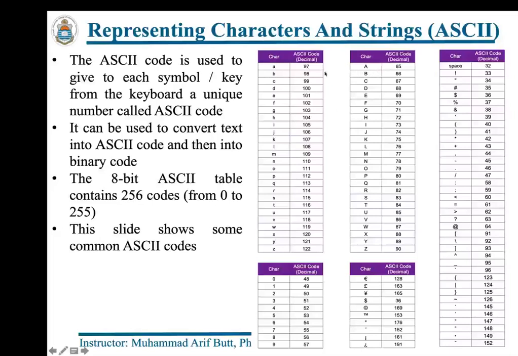So if I add 32 to capital A, I get 97. To convert an uppercase character to lowercase, I add 32 to it, and to do the vice versa, I can subtract 32. Similarly, these are the ASCII codes for the digits 0 to 9: 48, 49, 50, and so on. And these are some special characters as well.